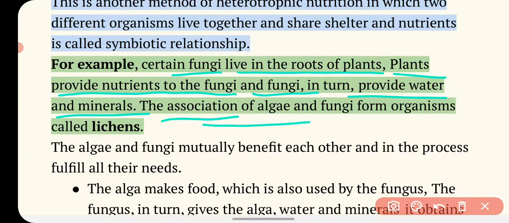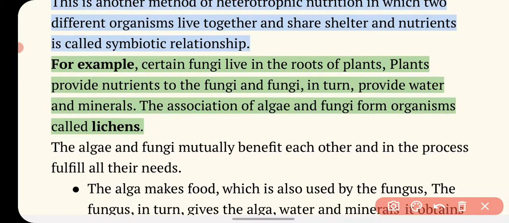This association of algae and fungi forms organisms called lichens. Some fungi live in the roots of the plants, and plants provide the nutrients to the fungi, and fungi in turn provide water and minerals.